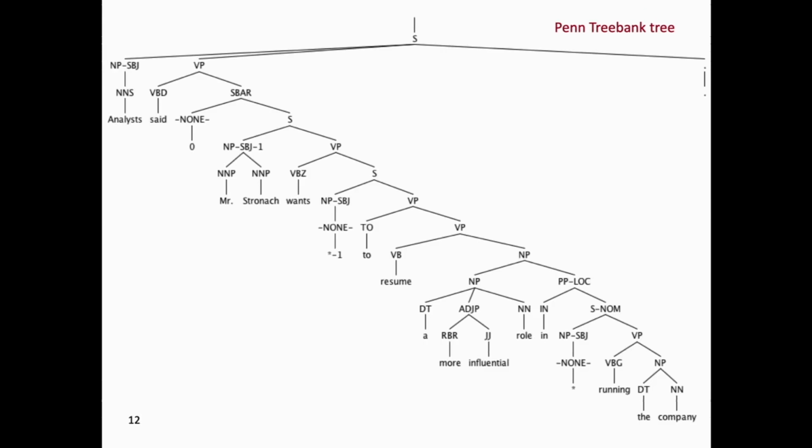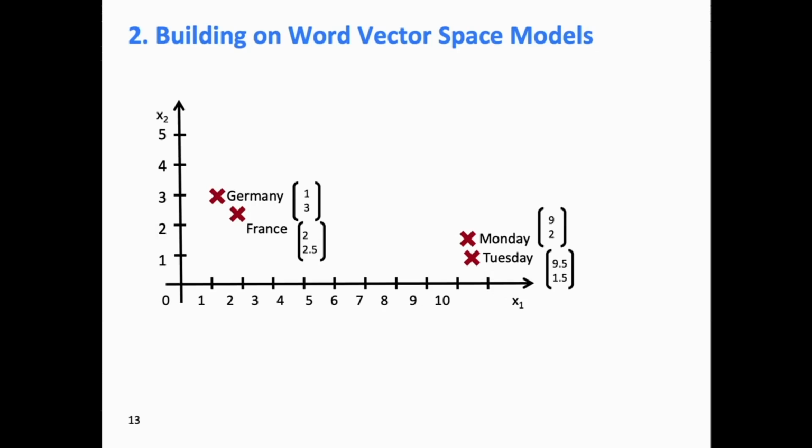To capture some of these properties, it seems like we'd like to have a neural model that can make use of this same kind of tree structure. For working out semantic similarity of constituents, we want to not only have a word vector space like we started off with at the beginning of the quarter, but we'd like to be able to take bigger constituents like noun phrases, the country of my birth, and the place where I was born, and also give them a meaning.